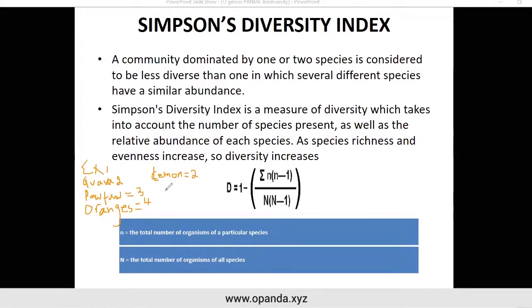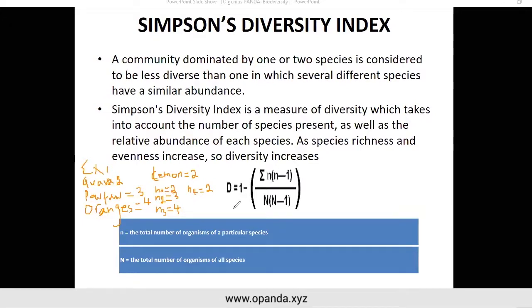Okay, we have n1 which is equal to 2. Then you have n2 which is equal to 3. Then you have n3 equal to 4, n4 which is equal to 2. These are smaller n's.